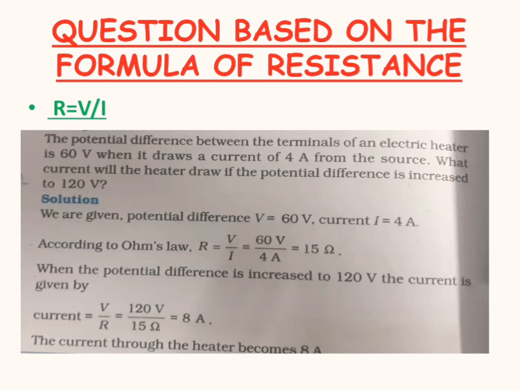Fine, now in both cases, in the first case, our heater is working on 60 volt and drawing 4 ampere of current. We just need to find the resistance. Fine. And if in the first case we find the resistance, then in the second case that resistance will remain the same. Now the question comes, why will the resistance remain the same in the second case?